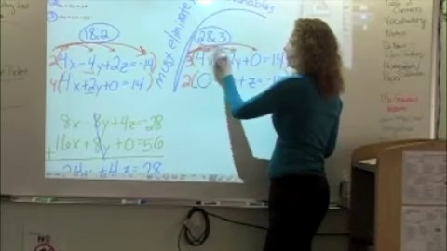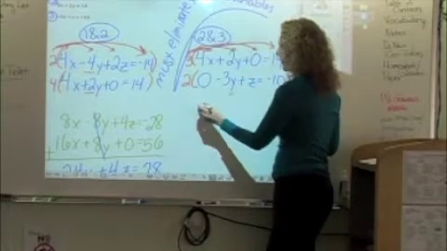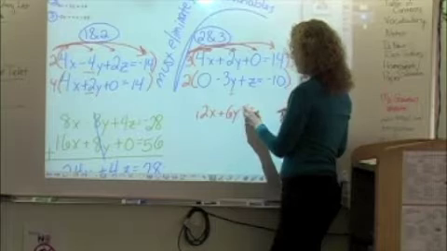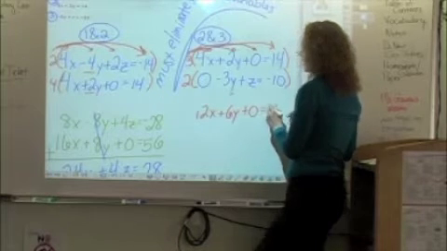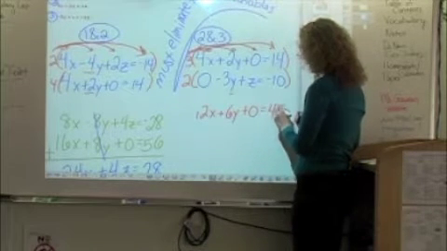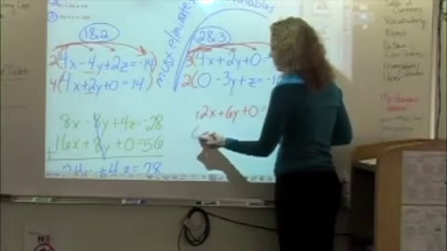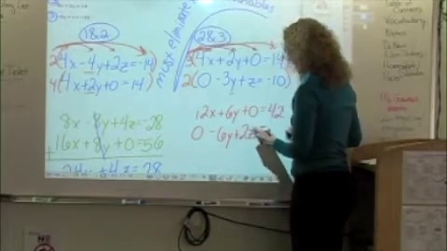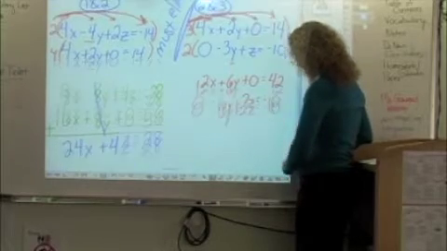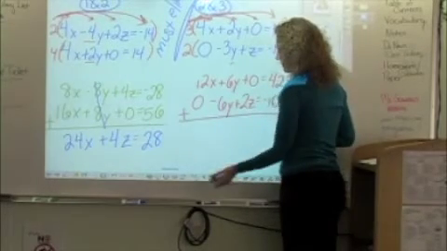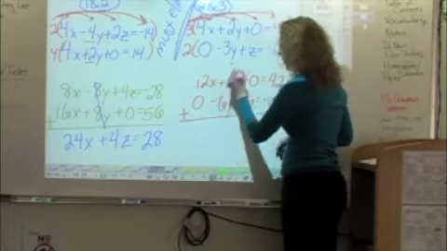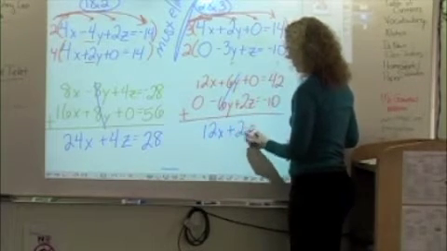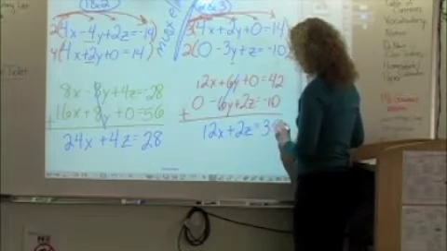And I distribute all the way across. 12x plus 6y plus 0 equals, and that becomes a 42. 0 minus 6y plus 2z equals negative 10. And I add up my systems. Y's are gone. 12x plus 2z equals 32.